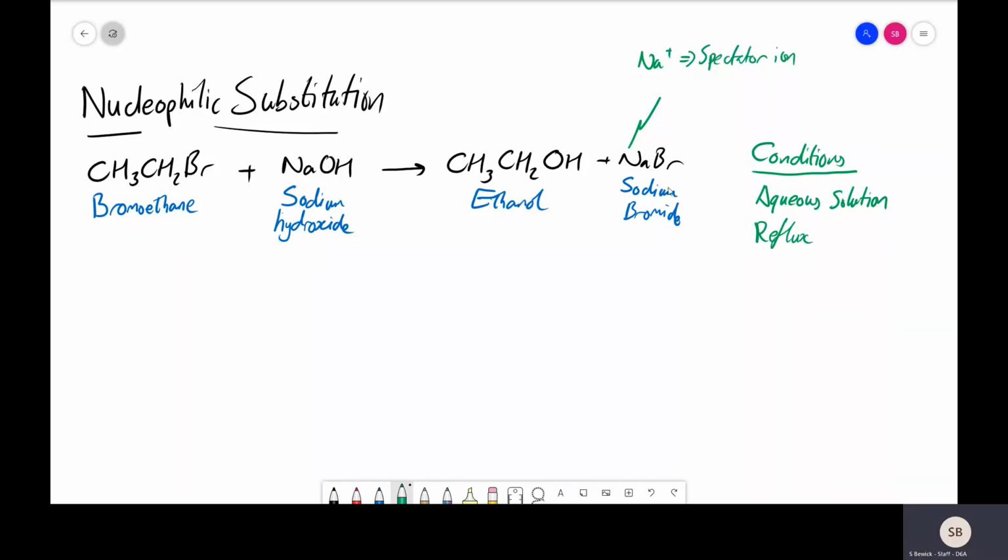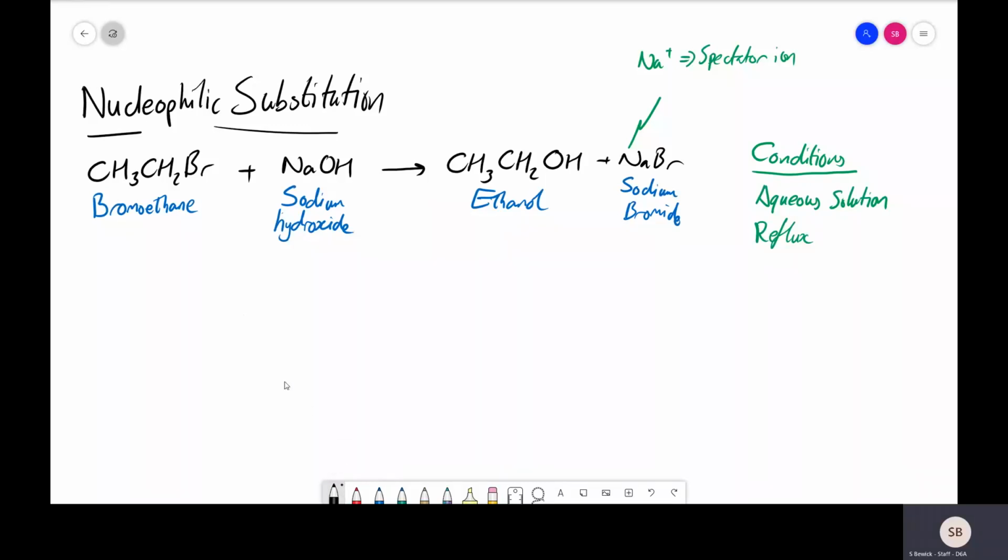And therefore, we're not actually going to include it when we're talking about the mechanism at all. Because it's a sodium ion in the reactants, it's a sodium ion in the products. So we can basically ignore it. That sodium could be anything. Could be calcium, could be potassium. We don't care. As long as we've got a hydroxide, it will form a bromide at the end.